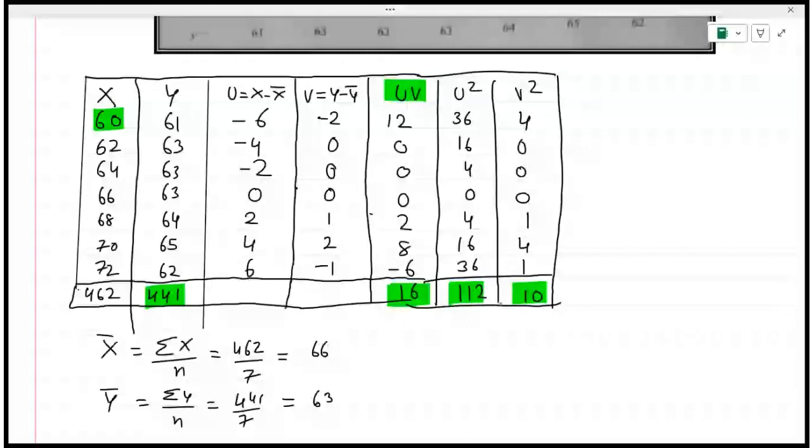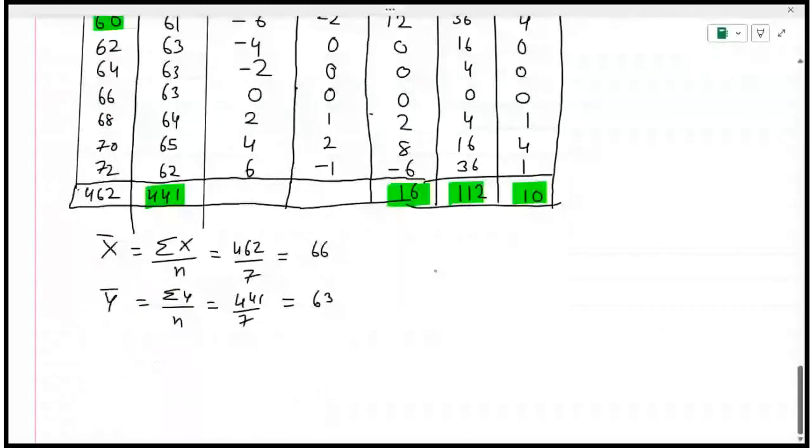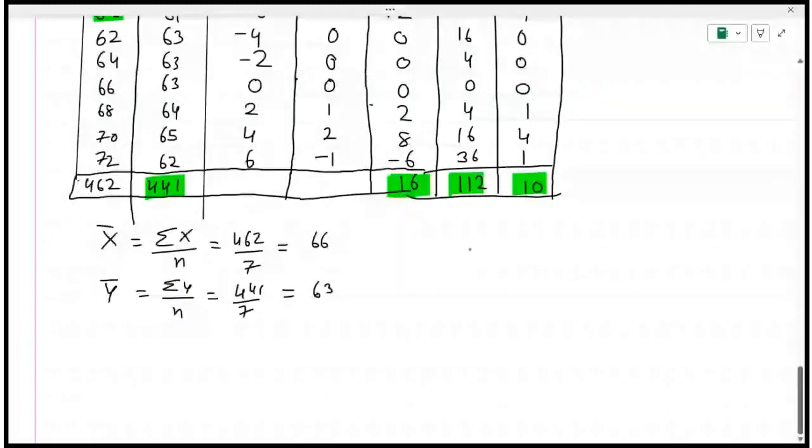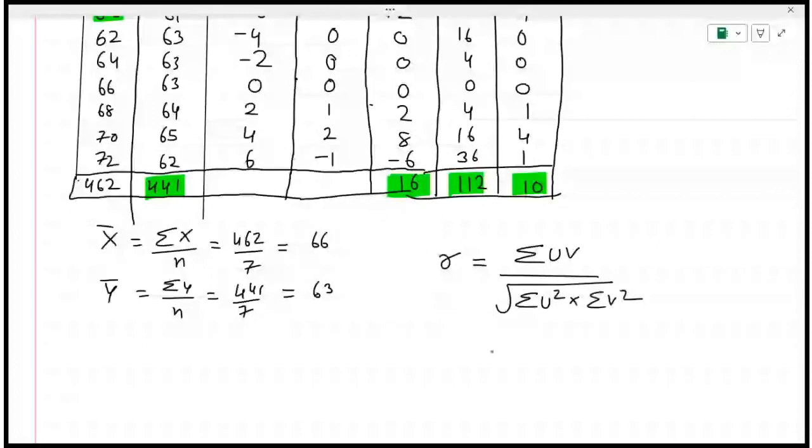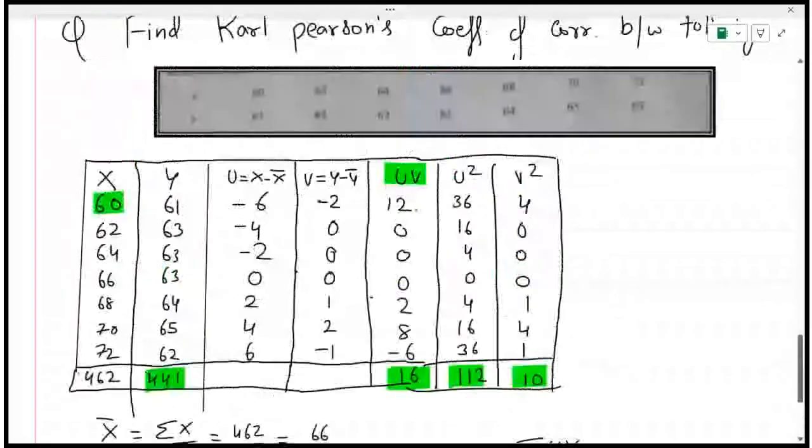Now what is the formula for r? Very easy formula. R is the sum of uv divided by the under root of sum of u square into sum of v square. We have found the sum of uv, 16.